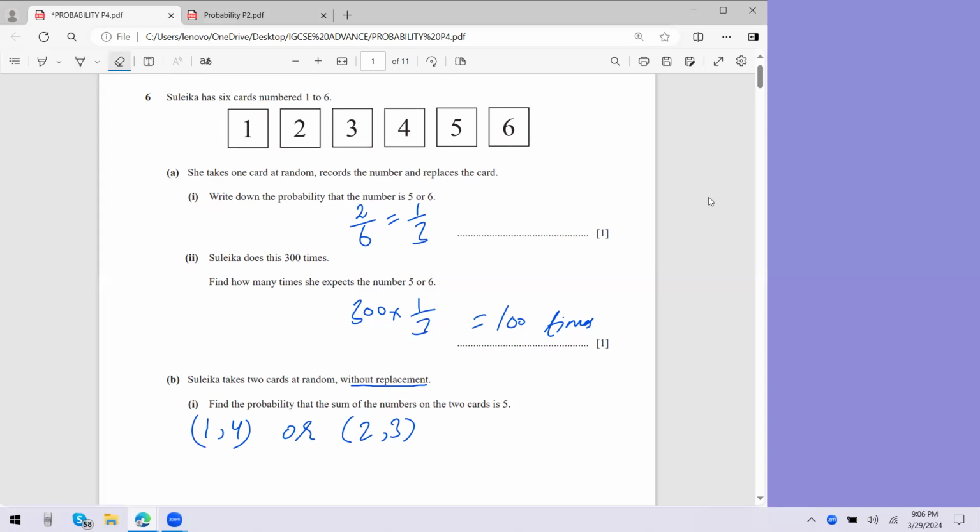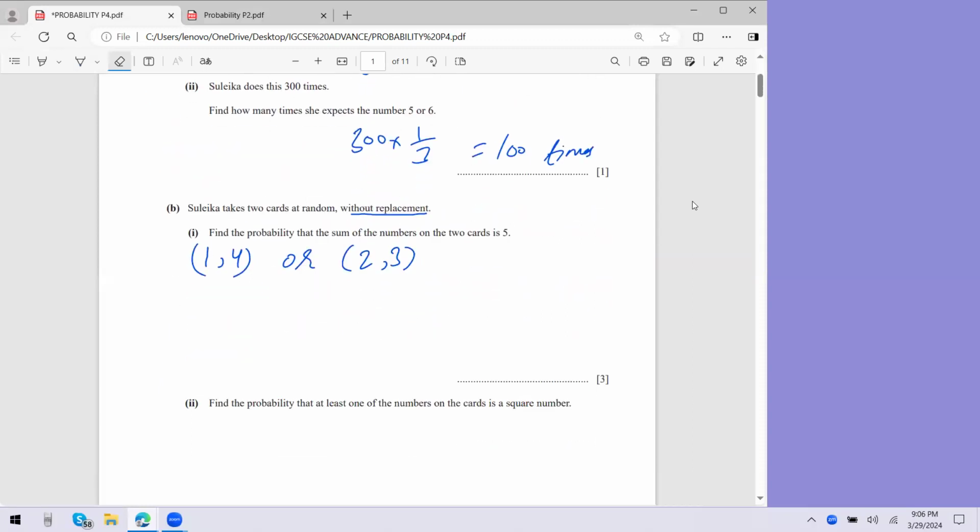Now we need to find their probabilities. Each card is 1 out of 6. So what's the probability of getting a 1 first? 1 by 6, and the second one being 4, 1 by 5, because note that one card has been taken out. It has not been replaced, so you decrease.